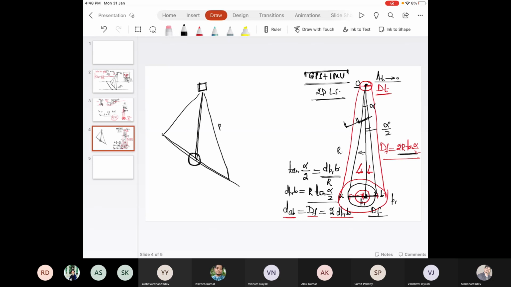The range increases, so it becomes elliptical, and the footprint size AF is larger than the footprint size at nadir. Why does it occur? Due to the larger range from the laser source to the target point.